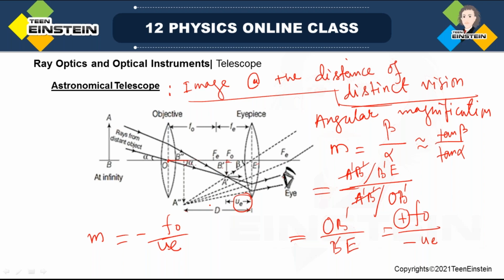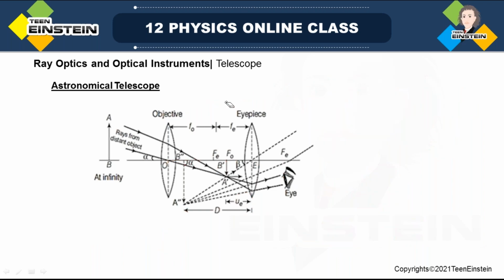Okay, but this UE we will not be able to calculate, because it is happening inside the telescope. So this m is equal to minus f0 by UE. This UE is actually inside the tube of the telescope, and we may not be able to locate or see this intermediate image.